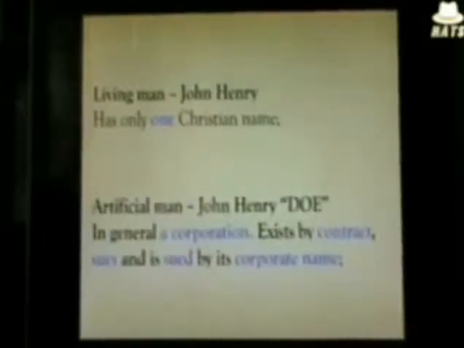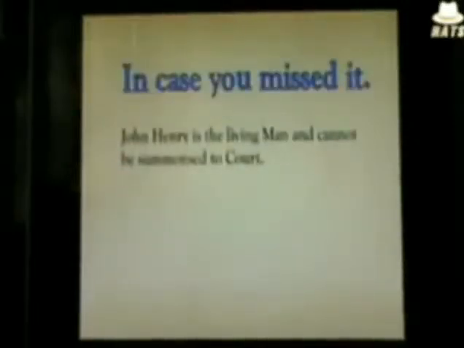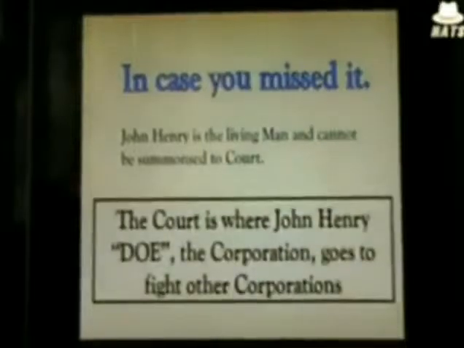The artificial name, John Henry Doe: in general, a corporation exists by contract, sues and is sued by its corporate name. In case you missed it, John Henry is the living man and cannot be summoned to court. The court is where John Henry Doe, the corporation, goes to fight other corporations.